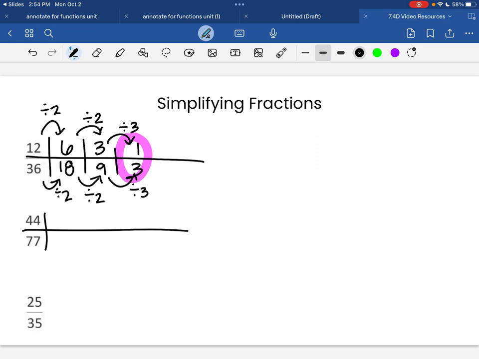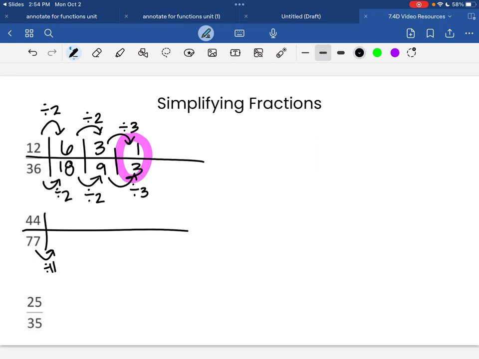But I noticed the pattern with 44 and 77 that the tens digit and the ones digit are the exact same digit. And I know this happens when I've multiplied a single digit by 11. And so I'm going to scale down here by 11.